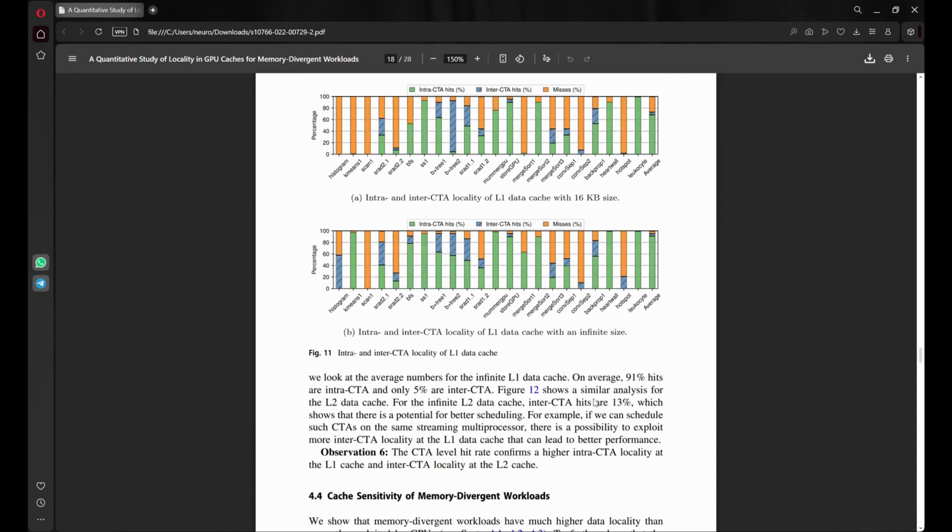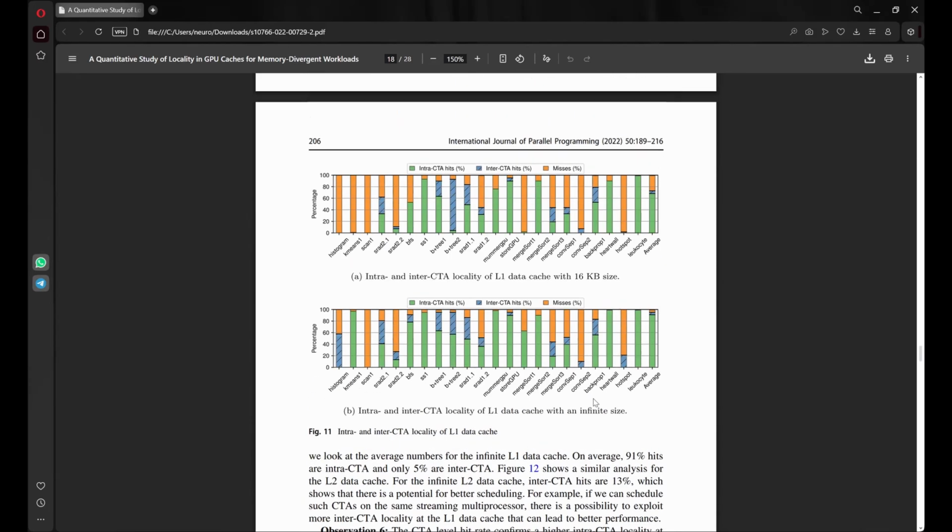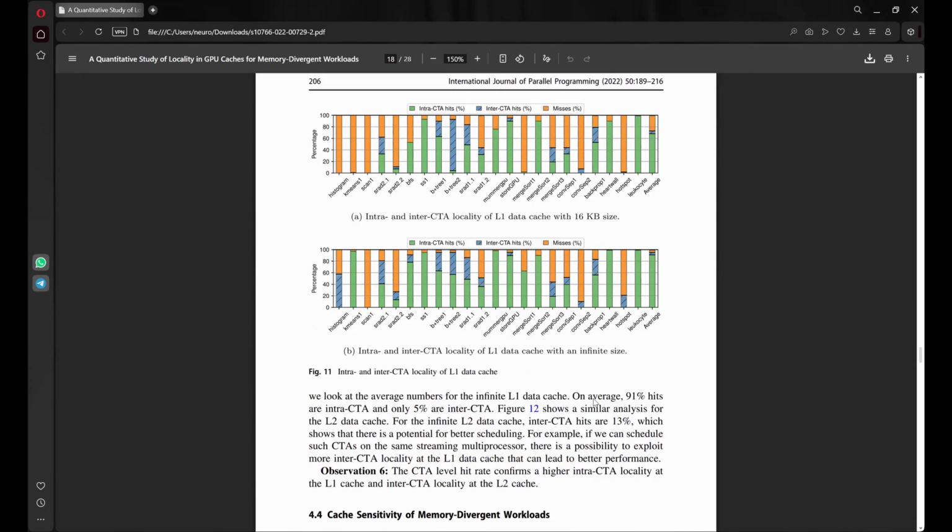When they continue to look at the numbers for infinite L1 cache, they see that 91% of the hits are intra-CTA and only 5% are inter-CTA. So most of the locality to be exploited really comes from threads and warps in the same CTA, as opposed to another CTA.